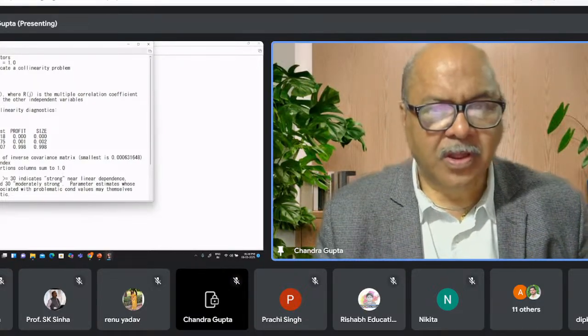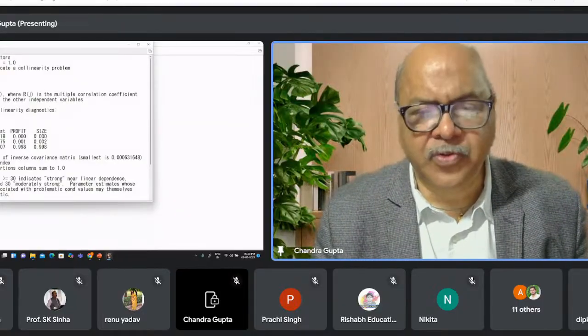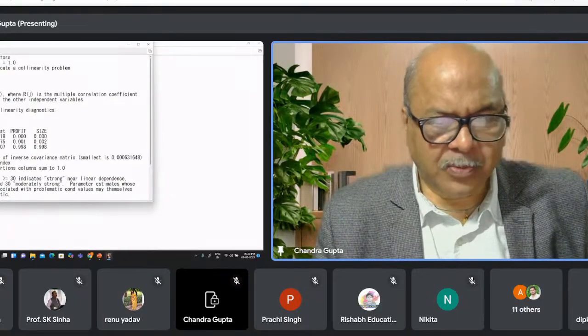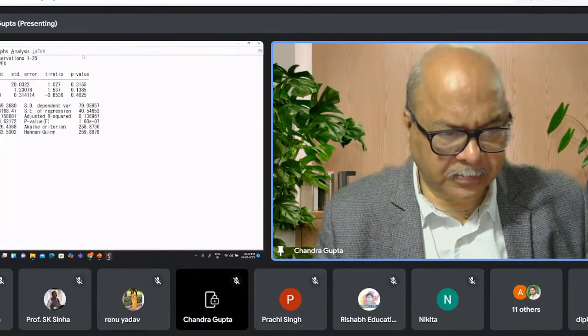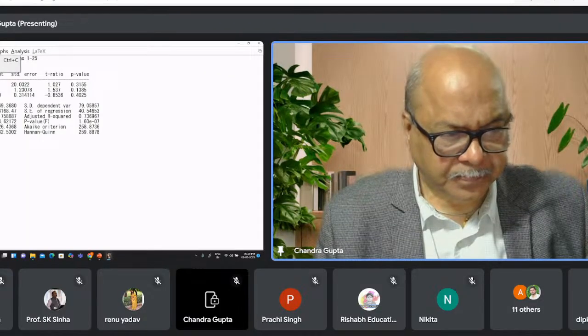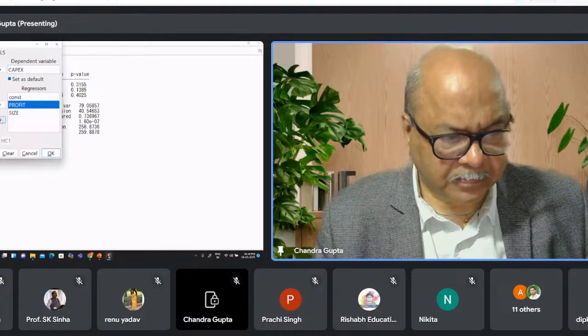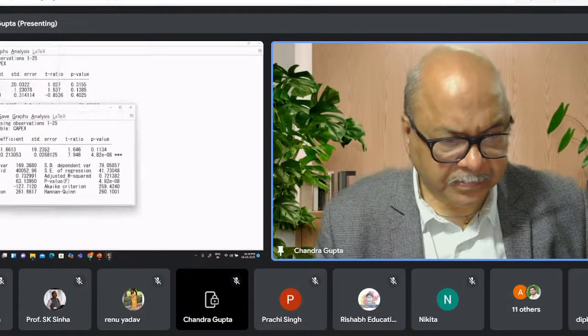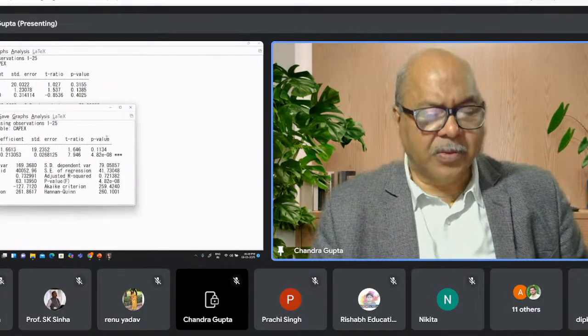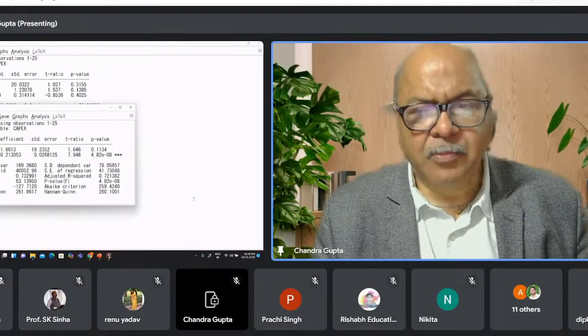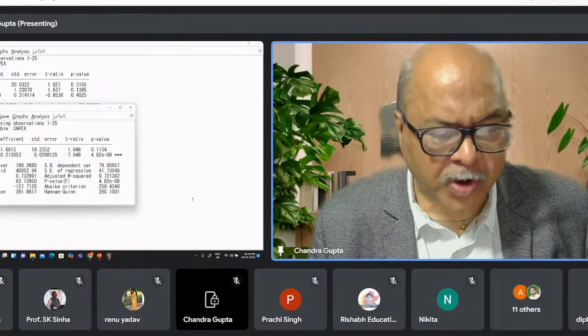What is the way out? One way out is to drop one of the variables. Suppose I drop one variable, say profit, then size is coming out significant, and my R-squared is 73.2991.